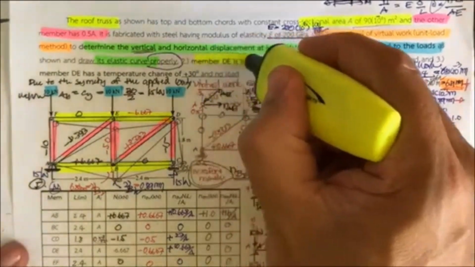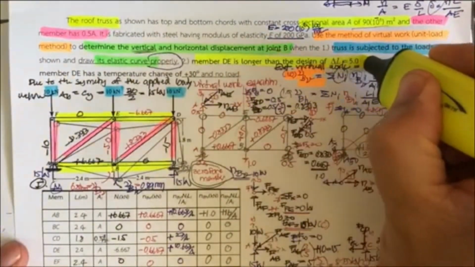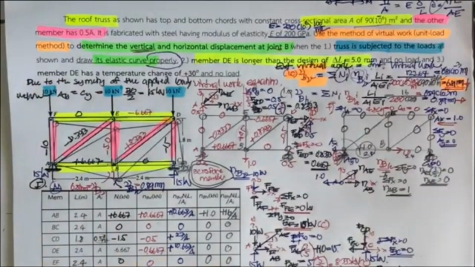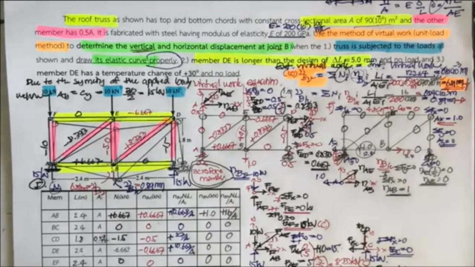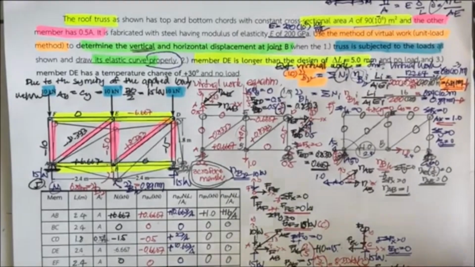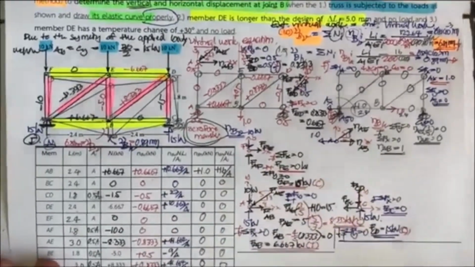Okay, and then next they ask us the next step. The member DE is longer than usual, so the next question is going to be about the fabrication error. Okay, we have the fabrication error problem. Now we just follow what steps we had before.